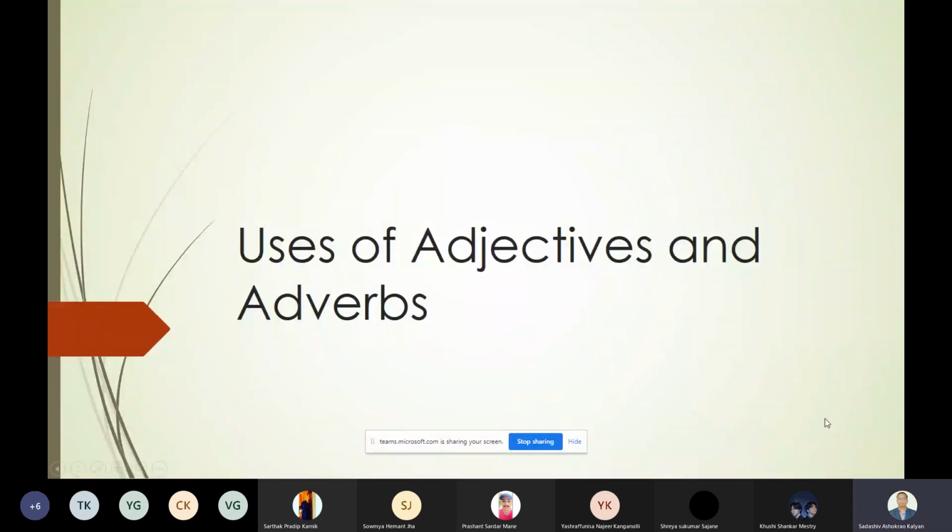The point that we are going to study today we can call the uses of the adjectives and the adverbs.